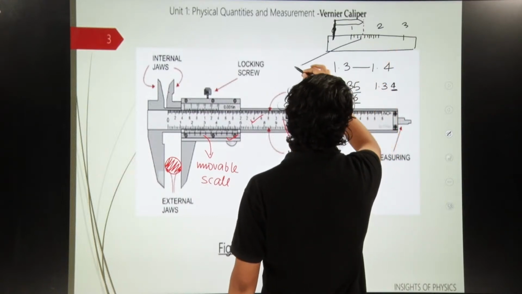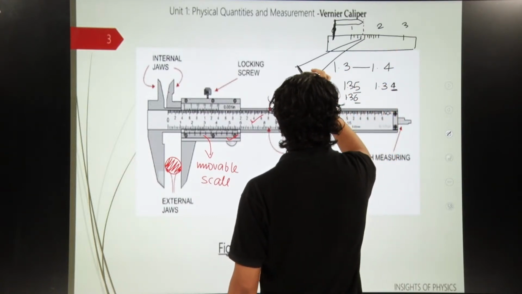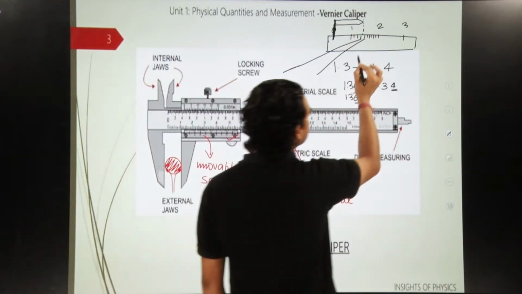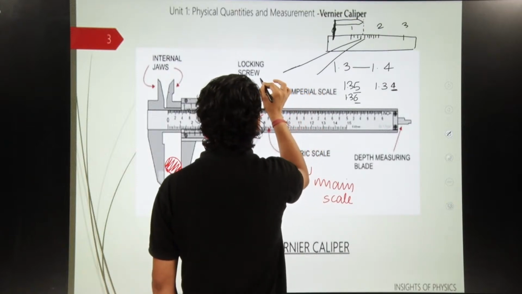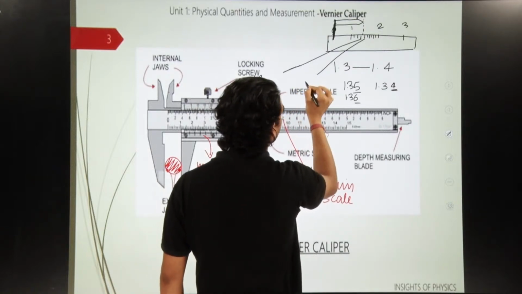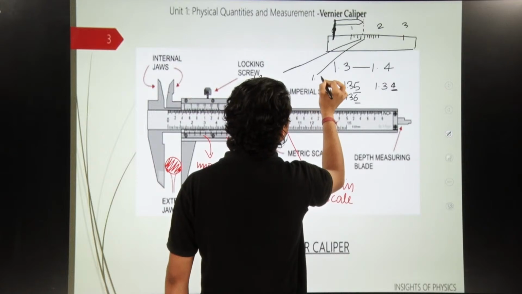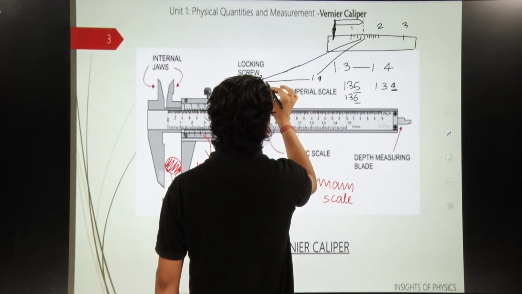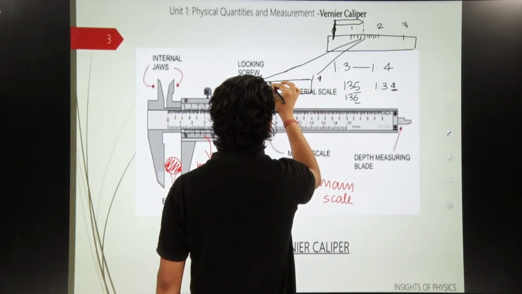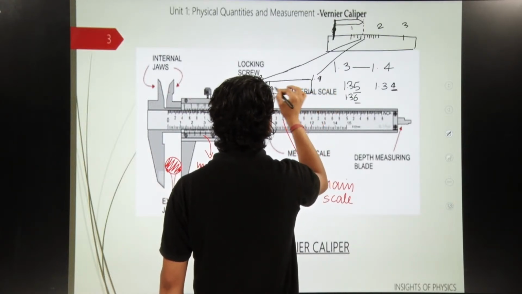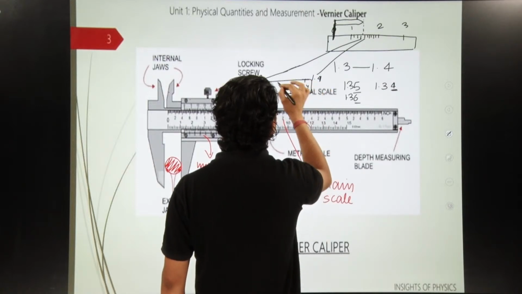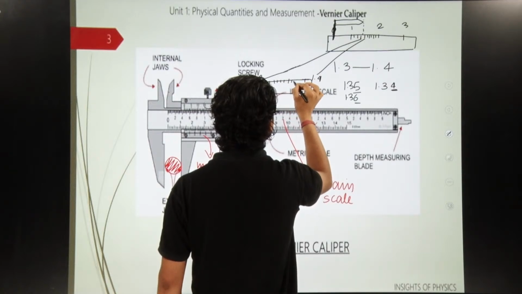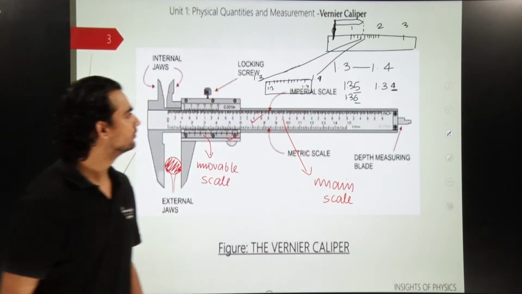So what if I have an instrument which magnifies this? This 0.1 centimeter, the distance from 1.3 to 1.4, if I can magnify that into 10 equal parts, so this is 1.3, this is 1.4, and again 10 divisions, right?